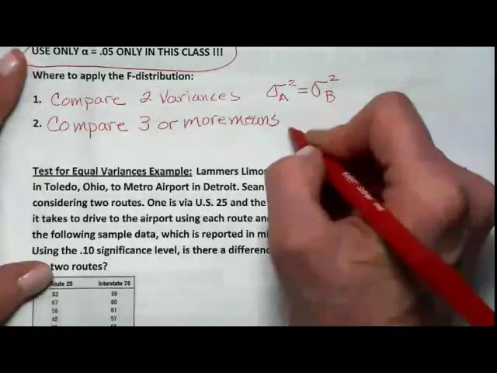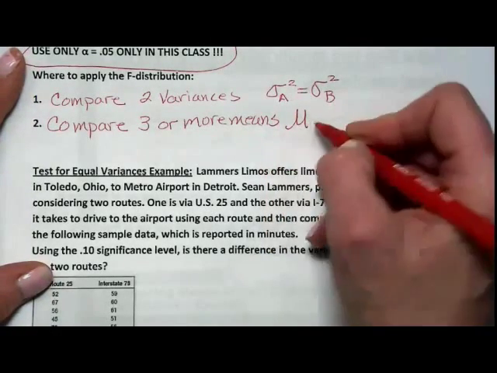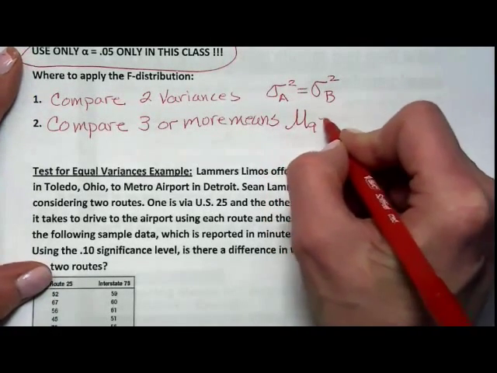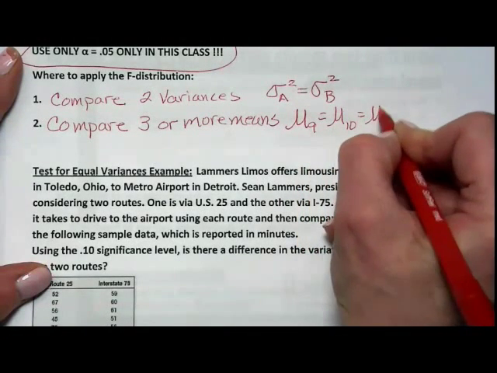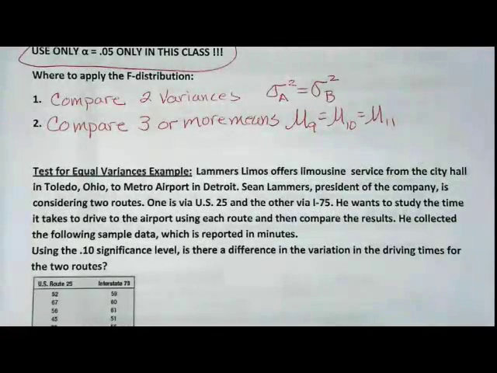How about if I compare the GPA of my 9 o'clock class, my 10 o'clock class, and my 11 o'clock class of statistics? Are the GPAs equal? That's my null hypothesis. So let's go with the first example, comparing variances.